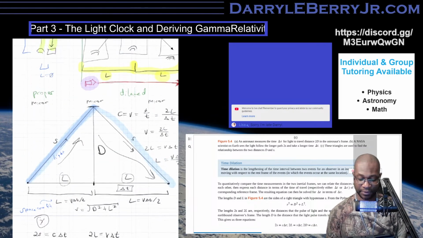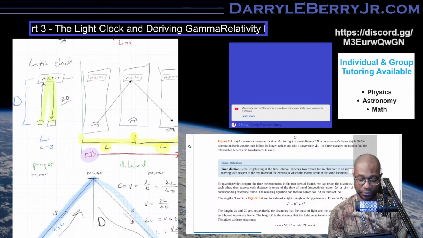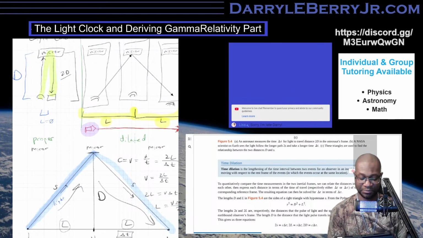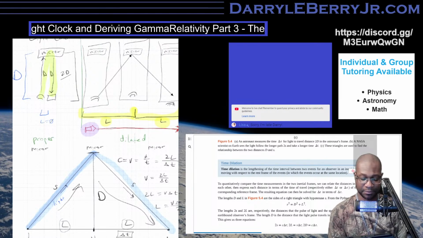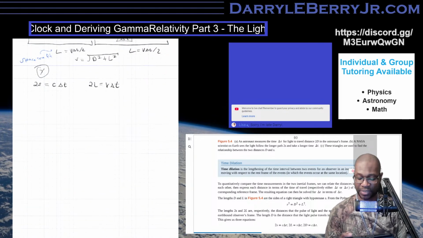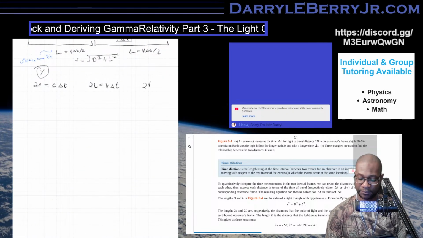And then we have the frame of the actual spacecraft, in which everything is happening in the same location. The light just goes up and comes back down a distance d up and d down. So the full distance of light travel is 2d.